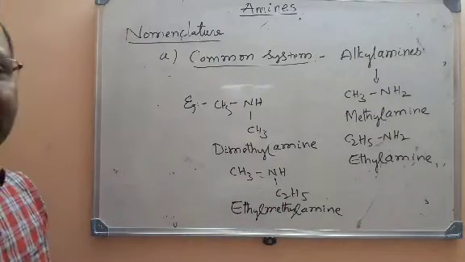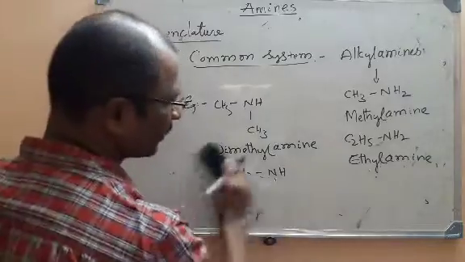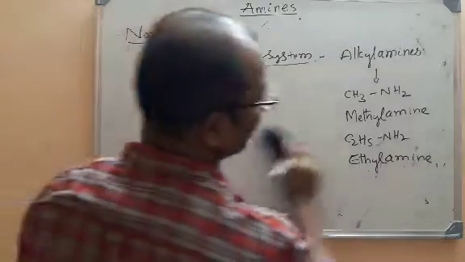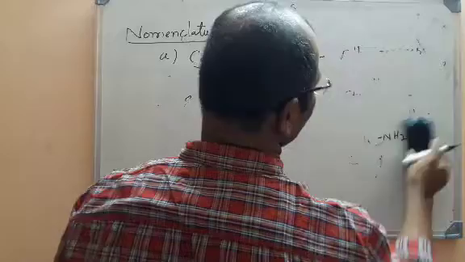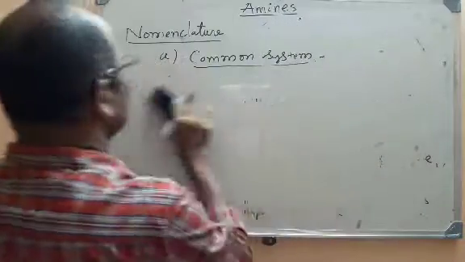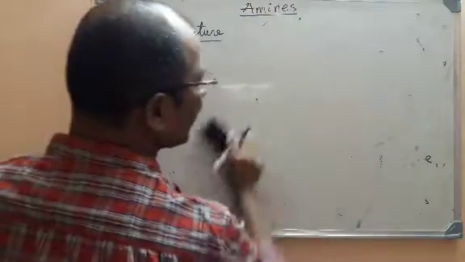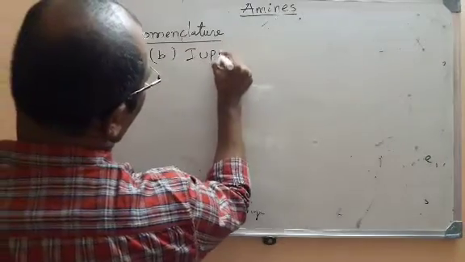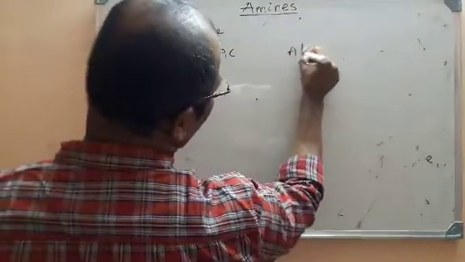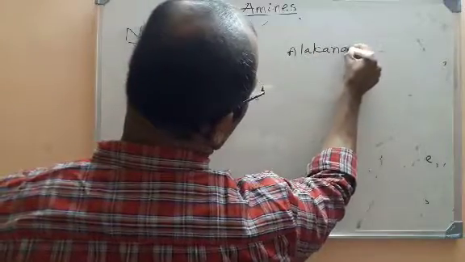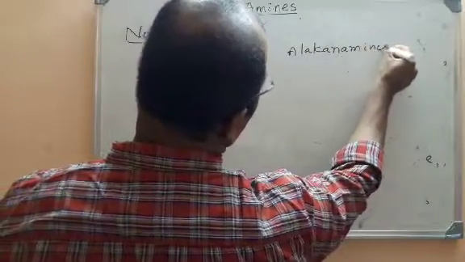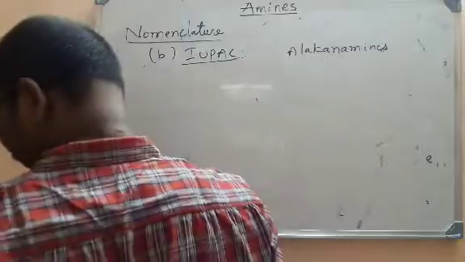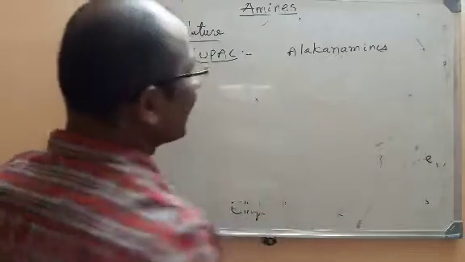Now let us go for the IUPAC system. Then later we'll go to the aromatic amines. In IUPAC system, these are called alkanamines.